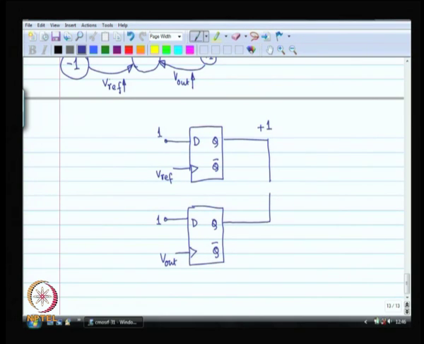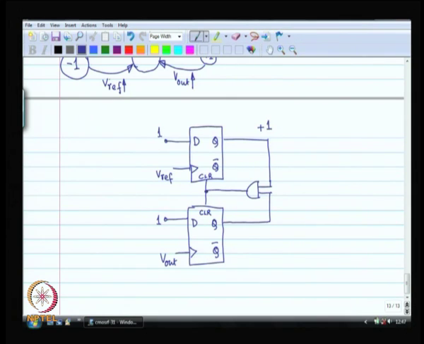As soon as such an event happens, I want to clear both of the flip flops as soon as both the outputs are 1.